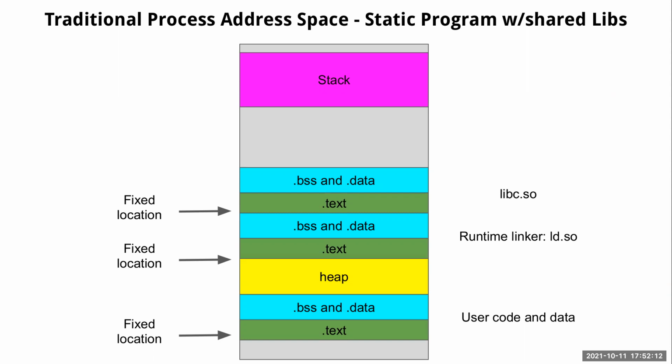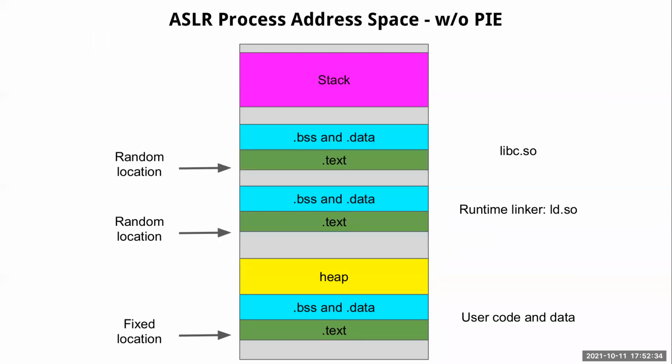However, without ASLR, they were still mapped to the same location. Every time you run this program, it will be loaded to the same address. The idea of ASLR is very simple.